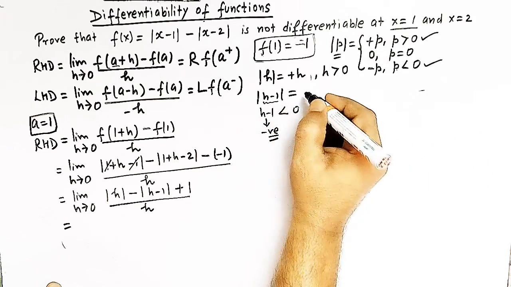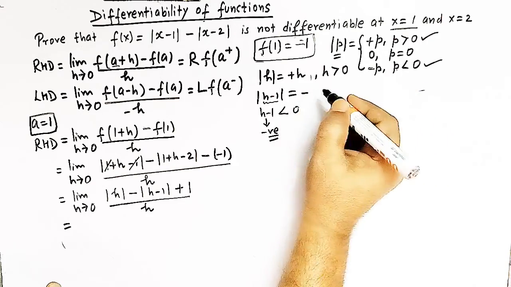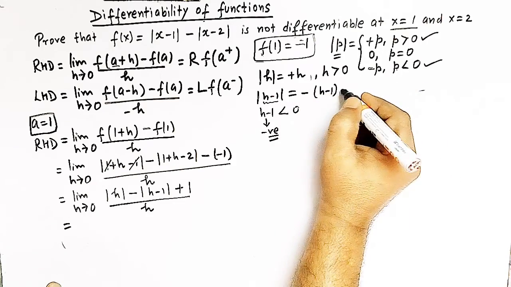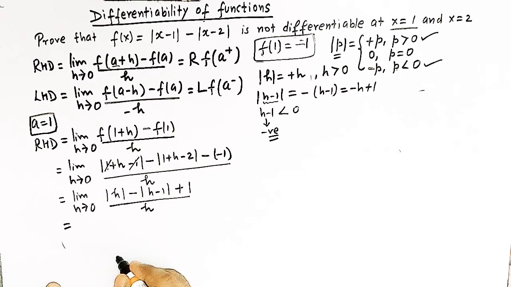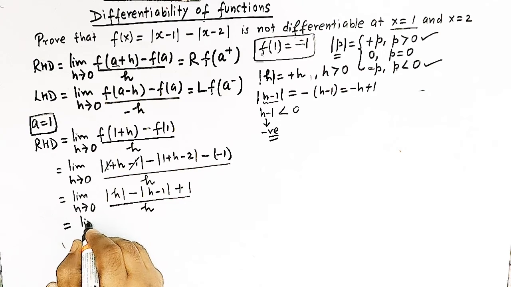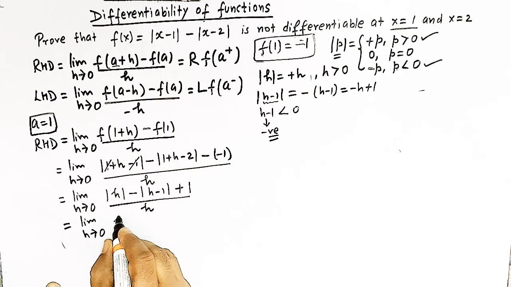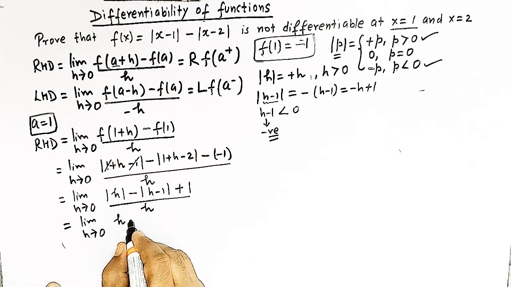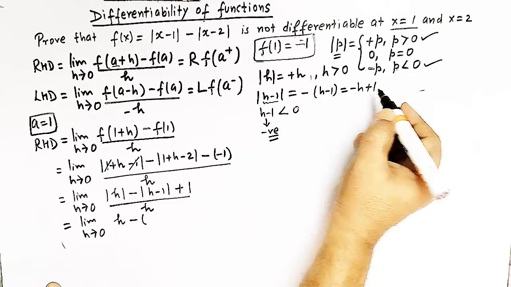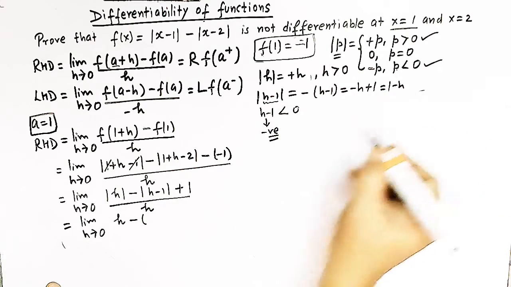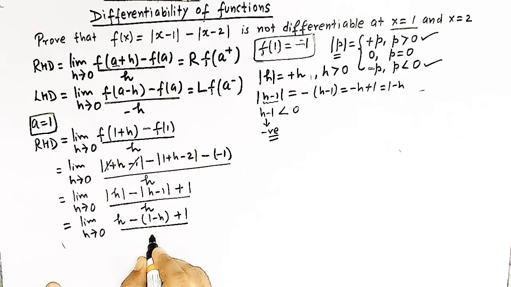So mod of h minus 1 is now equal to negative of h minus 1, right? So we can now write here minus h and plus 1. So here we have now limit h tends to 0. Mod of h is simply positive h, and here we have negative of mod of h minus 1, which is equal to 1 minus h, right? So here we have h plus 1 minus h plus 1 over h.